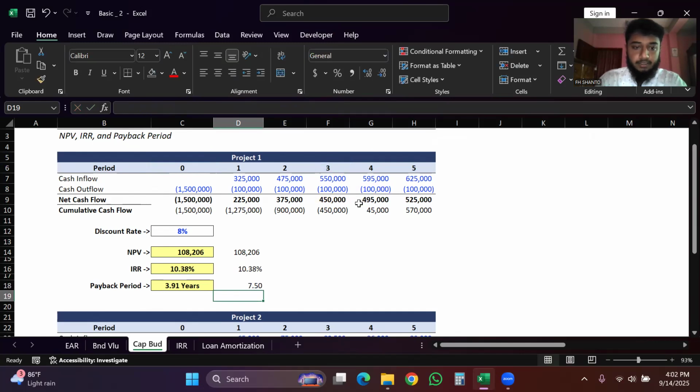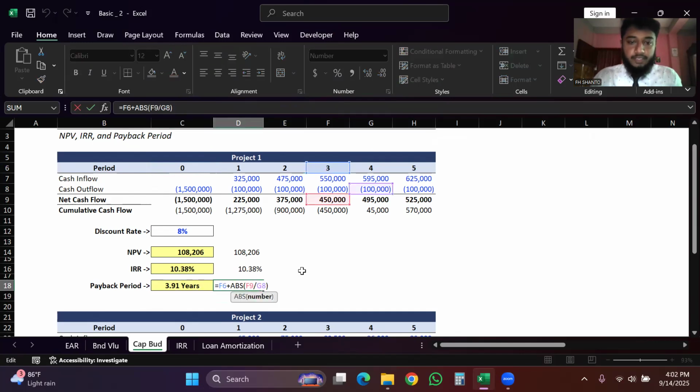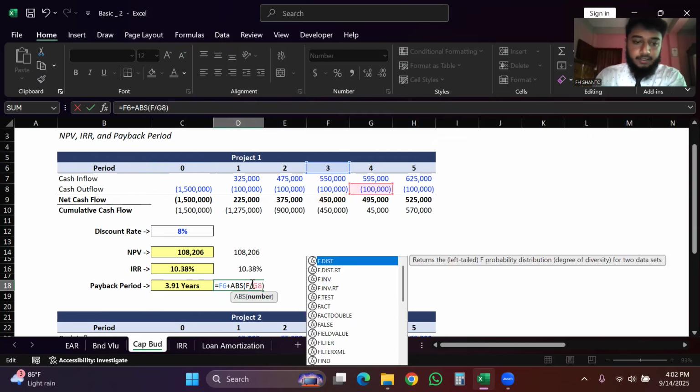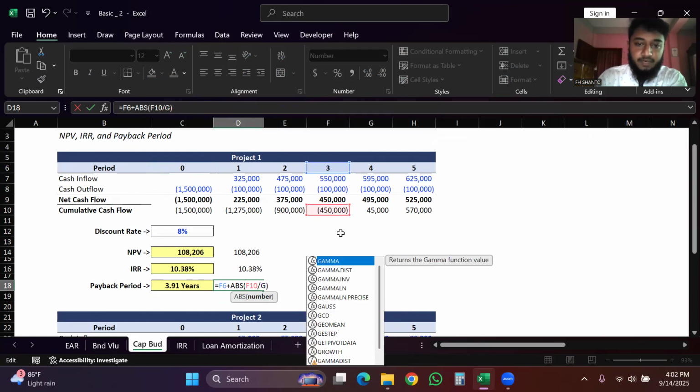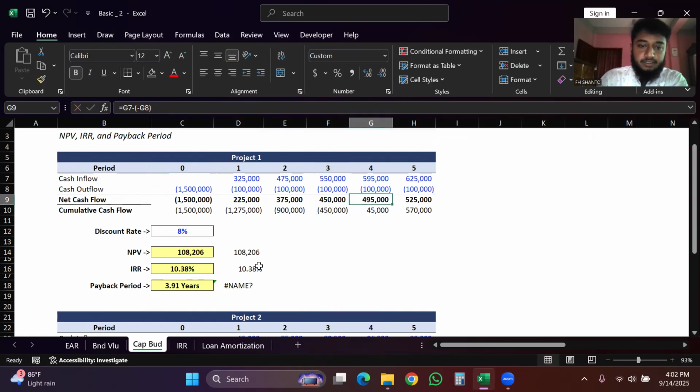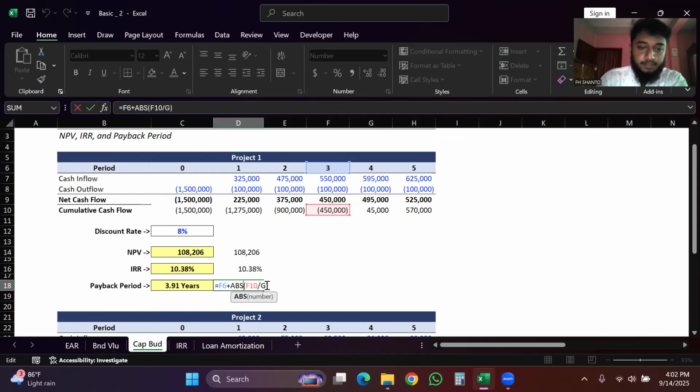Closing the bracket. Oh, we made some error. That will not be F9. It is F10, that means cumulative cash flow, and we have to divide by G9.